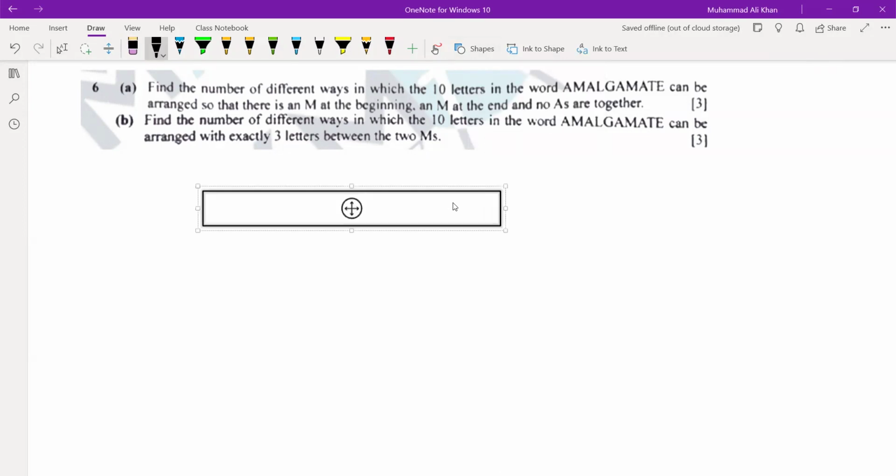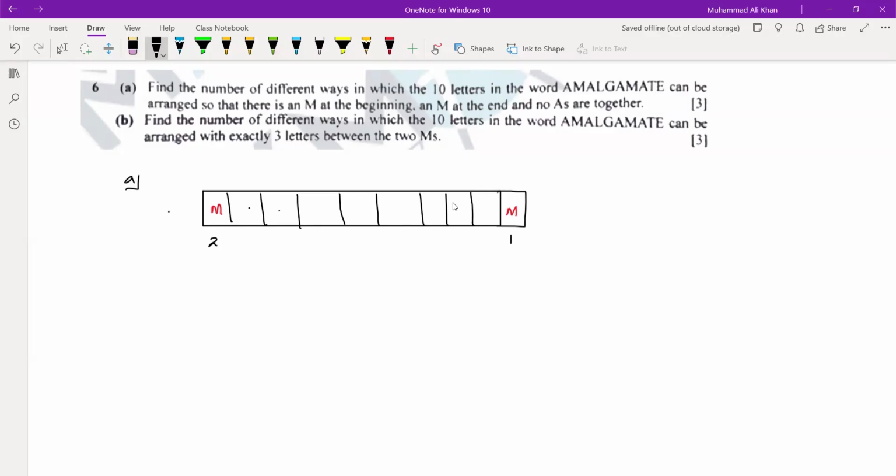I'm making 10 boxes according to the question, 1 to 10. Now, M is here, M is here. There are 2 M's only we have in the word.